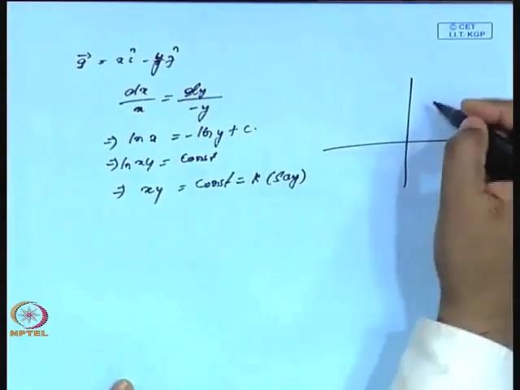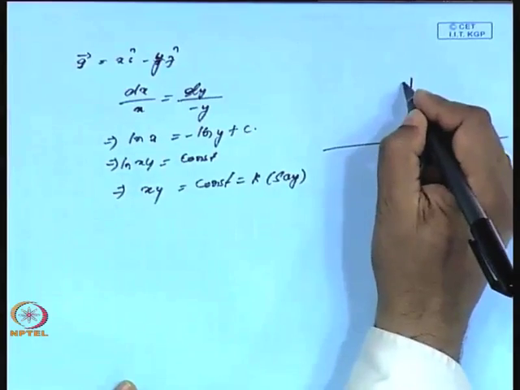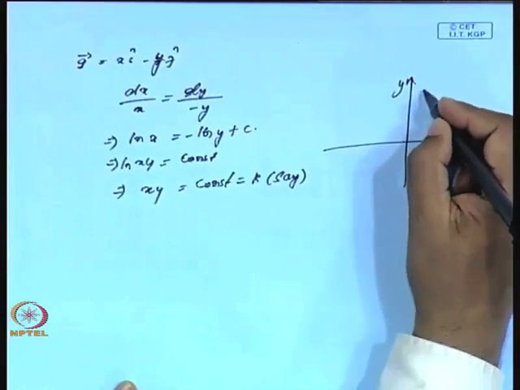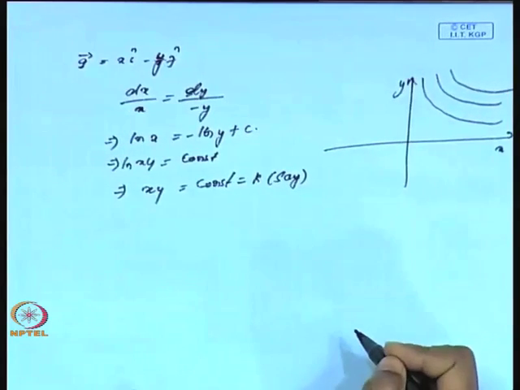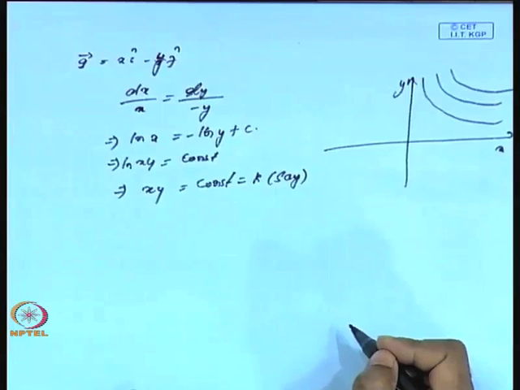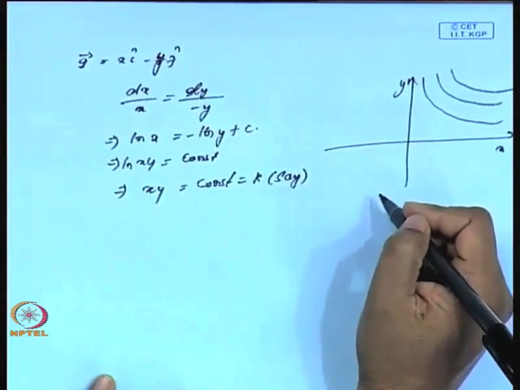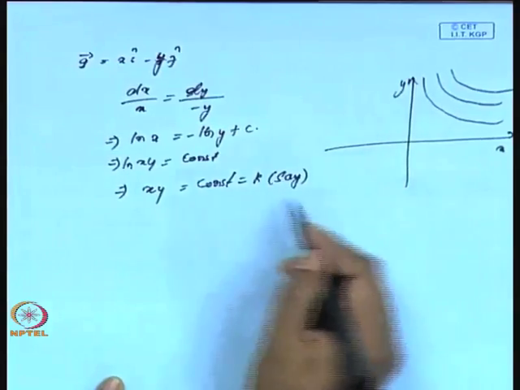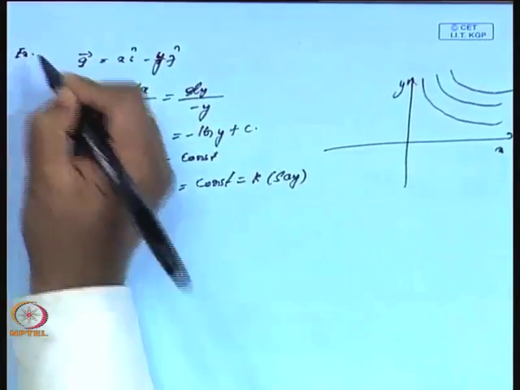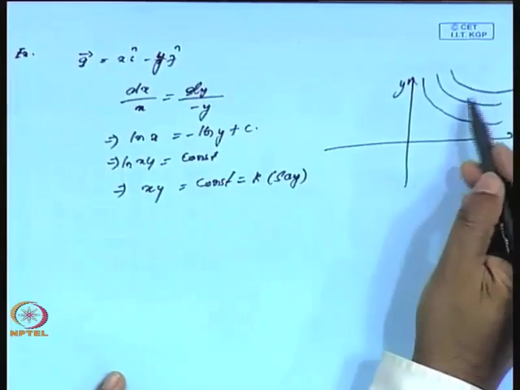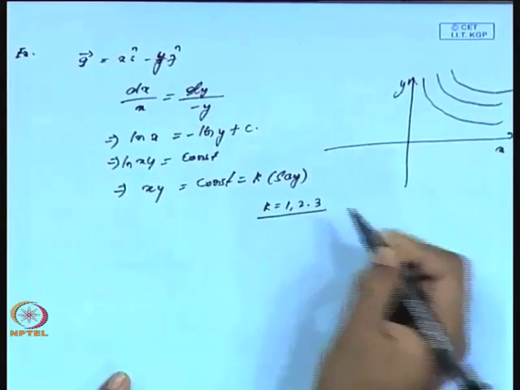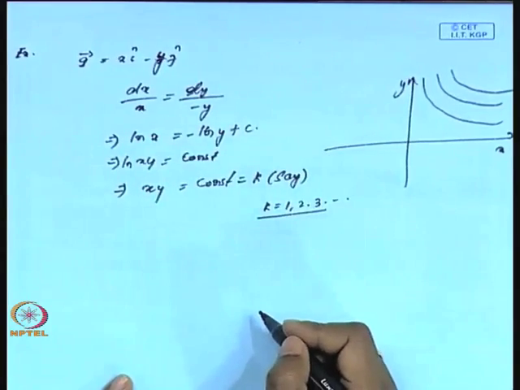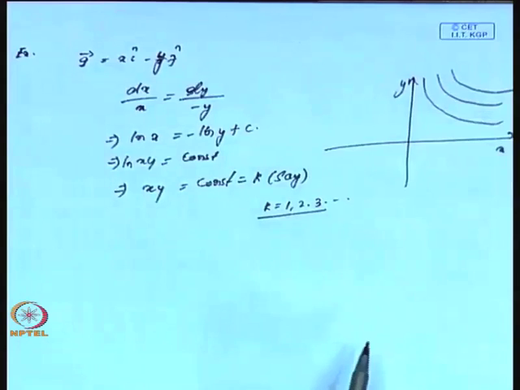Let me see in the xy plane, this is the x axis, this is my y axis, and if I draw it, this will give me curves like this for various values of the constant. This is one example. For x positive, y positive, we can get curves when k is equal to 1, 2, 3; it can have any values.